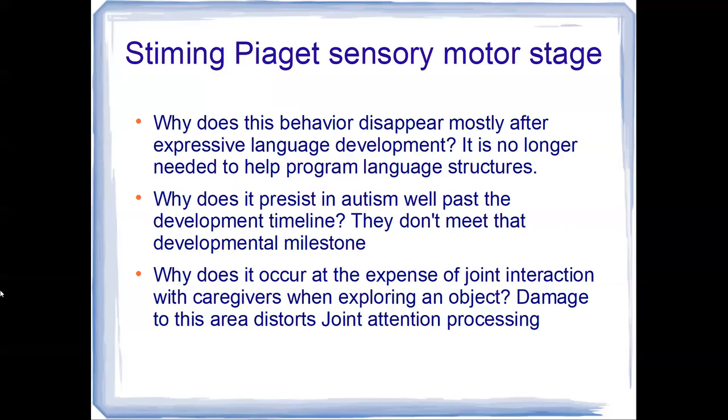And because of that, a typically developing child finds it more rewarding to interact collectively with their parent versus stimming on their own. But it's still a normal behavior, and it's still a normal part of development. It's just the superior temporal sulcus and these reflex loops help bridge that sensory motor stimming with social interaction to help develop and program brain structures to do the specific things that they were wired to do.